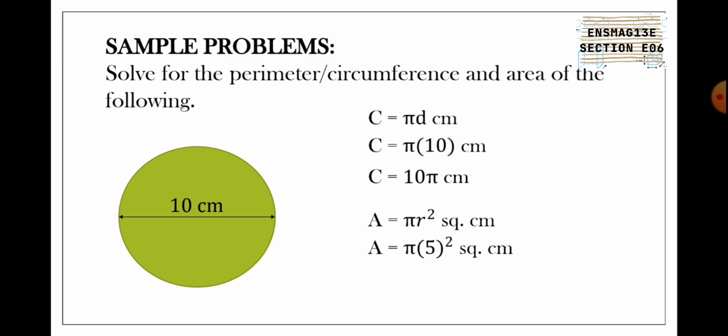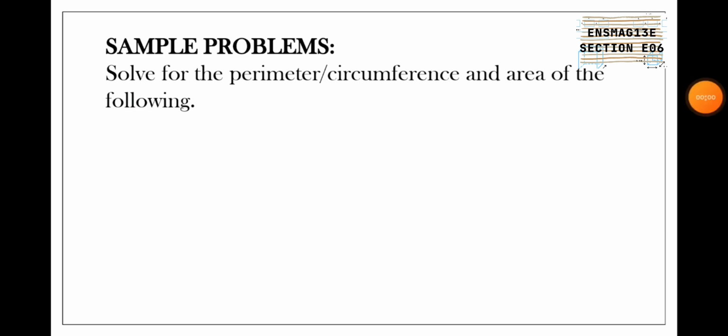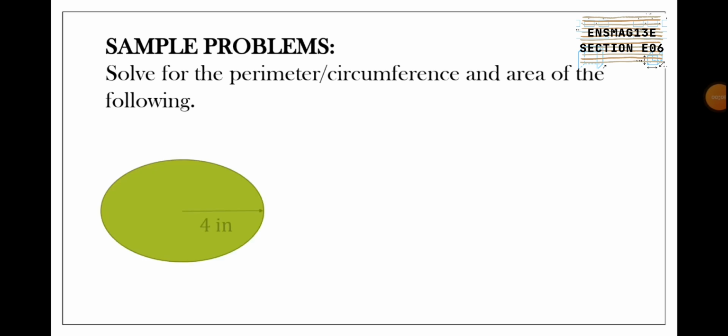But remember that your radius is half the length of your diameter. So if our diameter is 10, your radius is 5. So giving us pi times 5 squared, or that is 25 pi square centimeters.